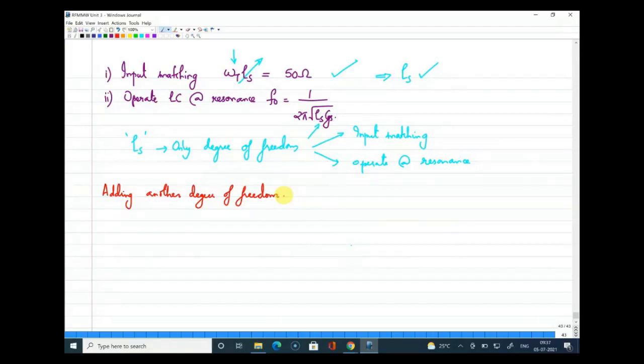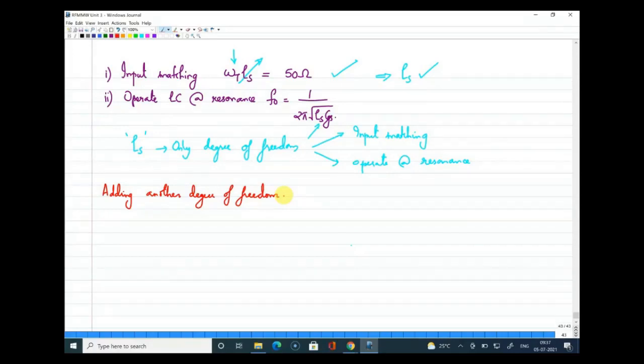But the difficulty is, if you add a capacitance parallel with LS, you have another capacitance which is CGS. So CGS plus the added capacitance, the total capacitance, and L should resonate, right? I didn't try that, but I don't think that is a viable option.